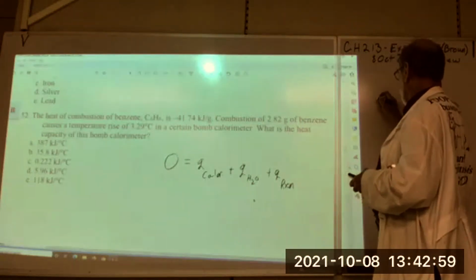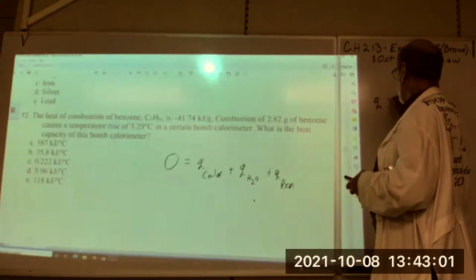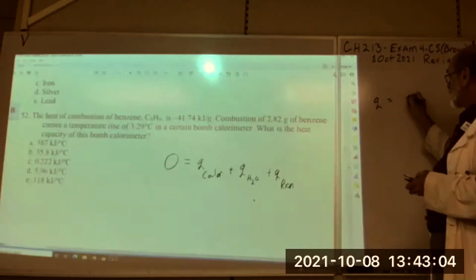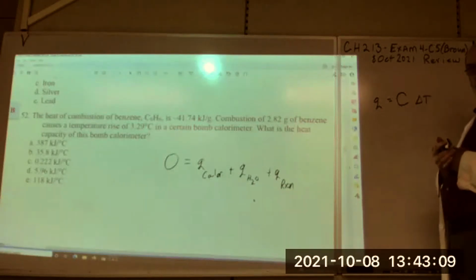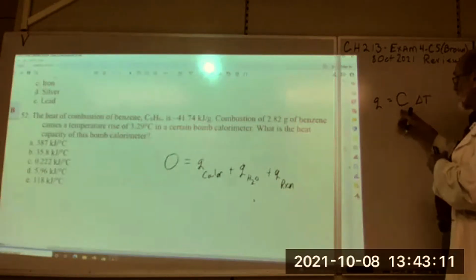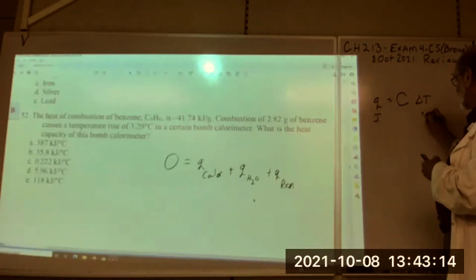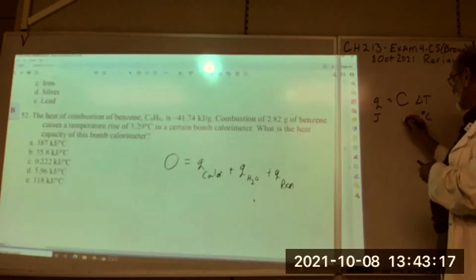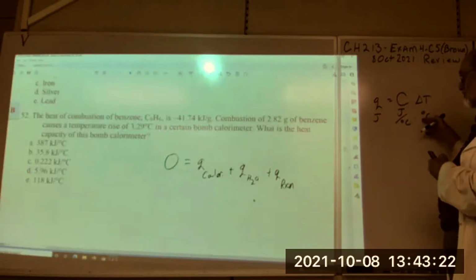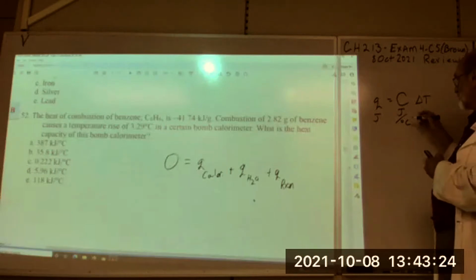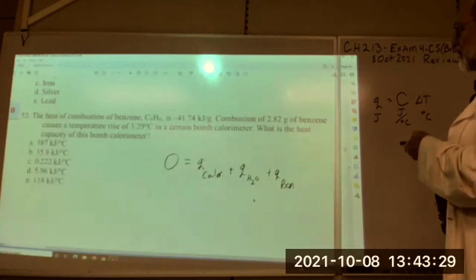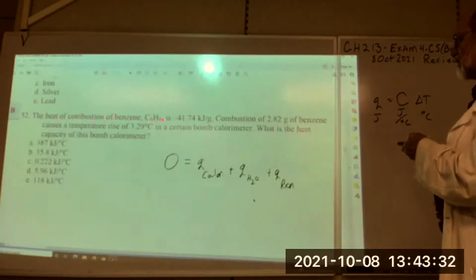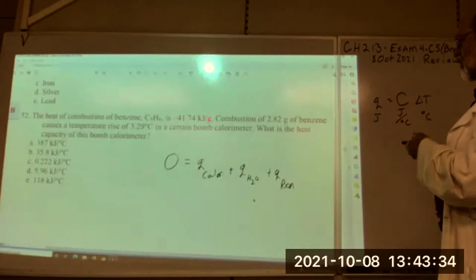So what is Q if we're dealing with calorimeter? It's just that big C times the change in temperature. Okay, so if this is in joules, this is in degrees C, then this one has to be in joules per degree C, right? To cancel the degree C. All right, so let's see, we have enough information to do that. The heat of combustion of benzene is this much per gram.